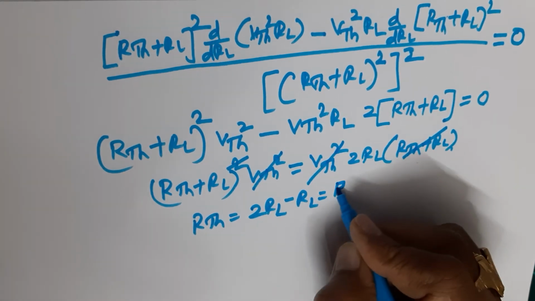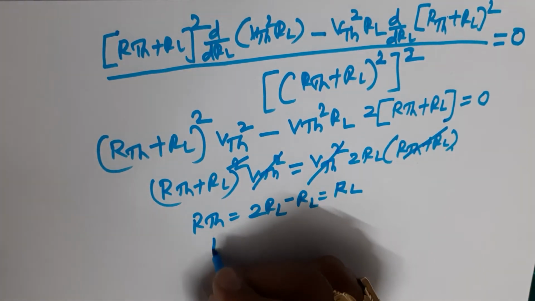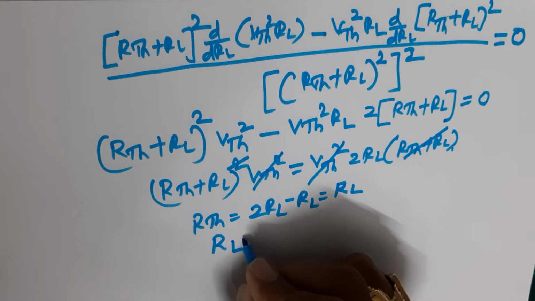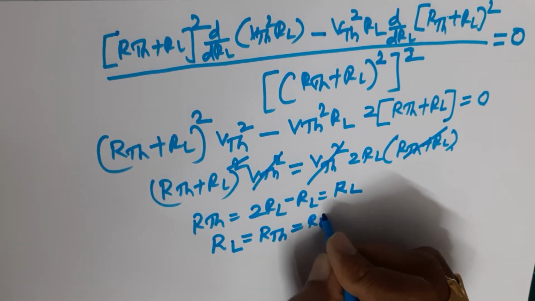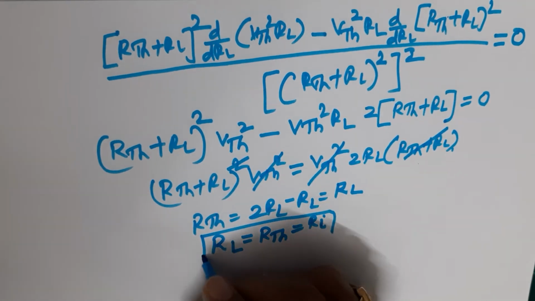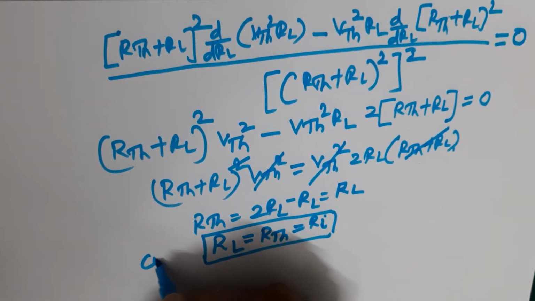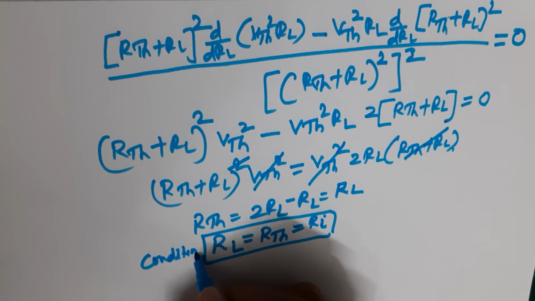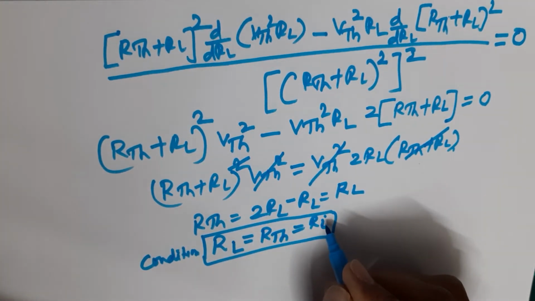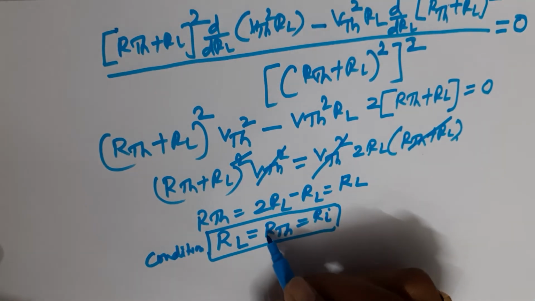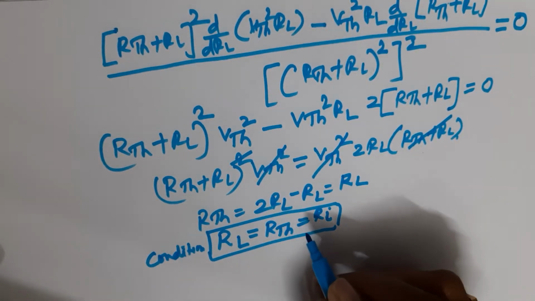This becomes RL. So this is what we explained in the maximum power transfer theorem statement. In order to get the maximum power from source to load, the load resistance must be equal to the internal resistance, also called Thevenin's resistance of the given network.